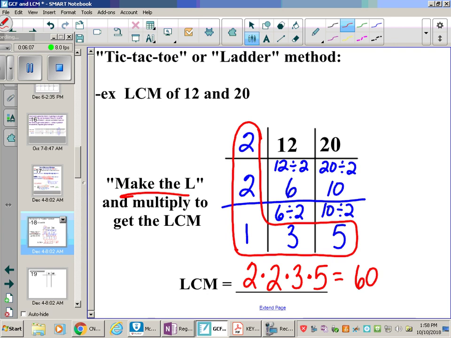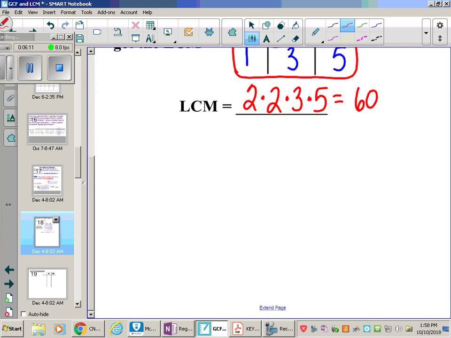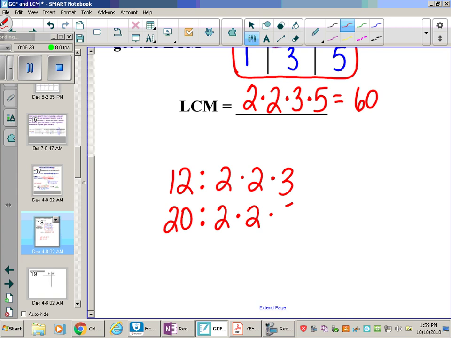Now I want to point out to you what this actually is doing for you. When we look at our prime factorization of 12 and prime factorization of 20, the prime factorization of 12 is 2 times 2 times 3. The prime factorization of 20 is 2 times 2 times 5.